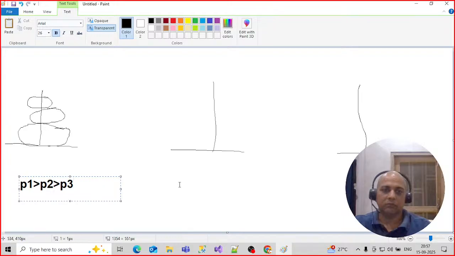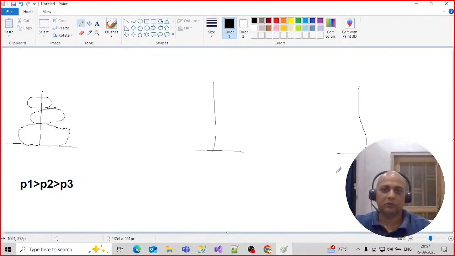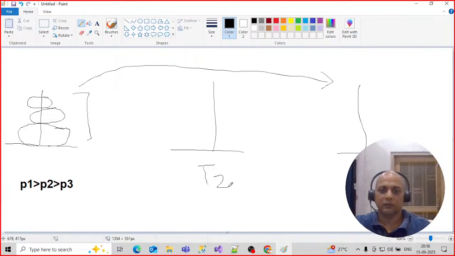So the problem is that we have to transfer these 3 plates from this tower to this tower. We can take the other tower as a temporary one to move, but the rule is that the final plates should be in the same order, correct? So how do you transfer these plates?